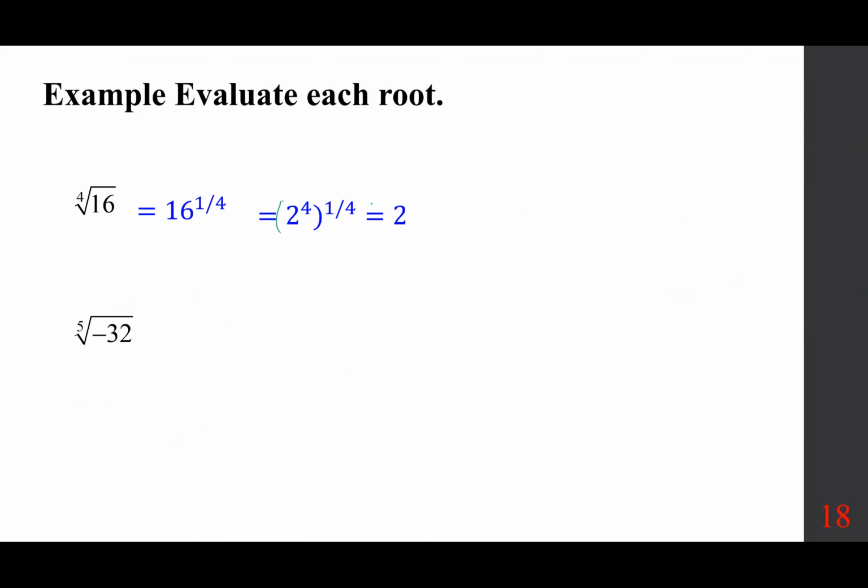I would say you should know the answer is 2. For the next one, again, you may recognize that negative 32 is negative 2 to the power of 5. And their product is 1. So the answer is negative 2. That's something that I guess everybody knows.